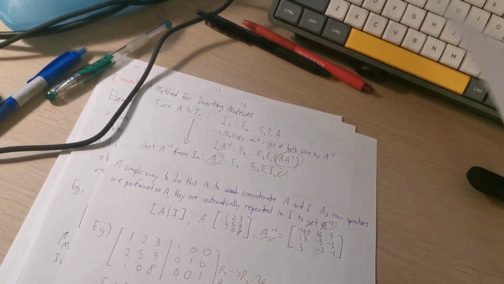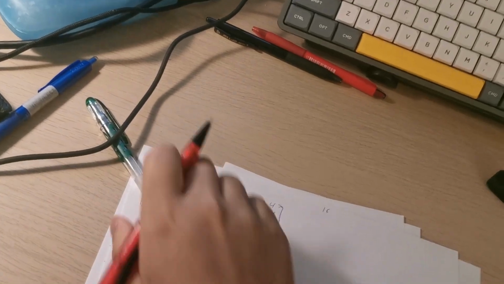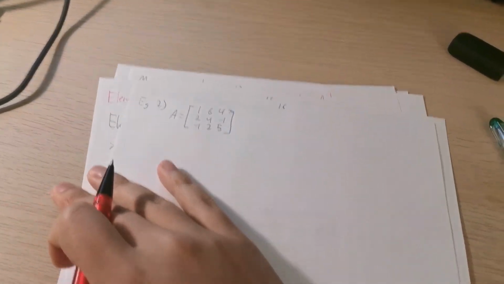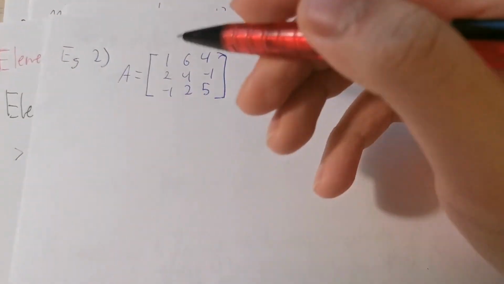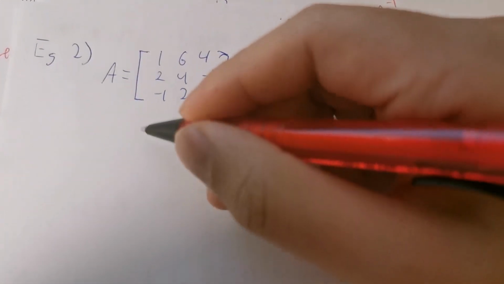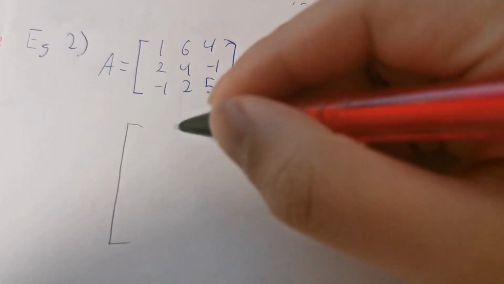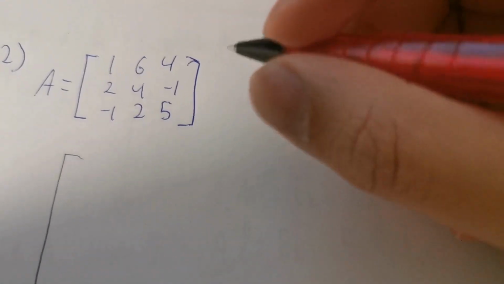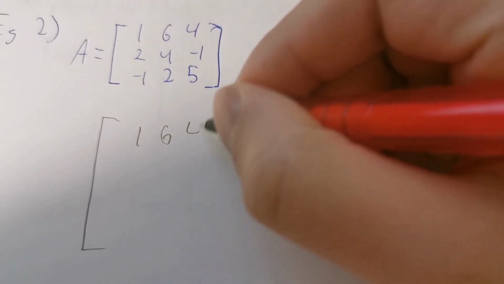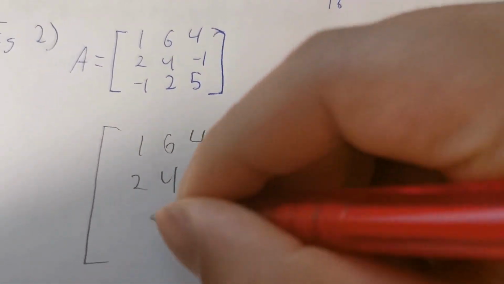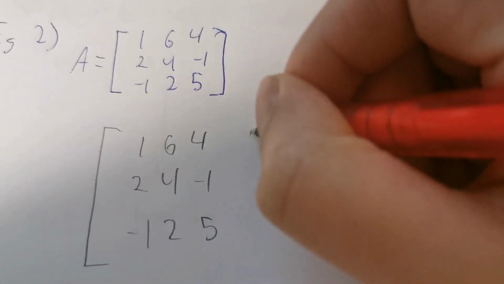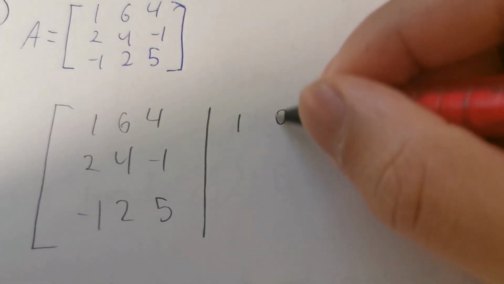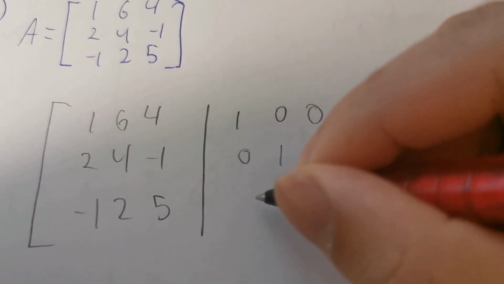And I think there's one last thing here of when things don't really work out. So this is a matrix, and let's try and find the inverse, right? So we're gonna start by, okay, let's just rewrite it, right? 1, 6, 4, 2, 4, minus 1, minus 1, 2, 5, and we'll have the identity matrix next to it.